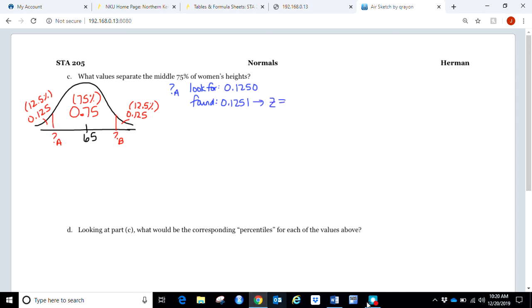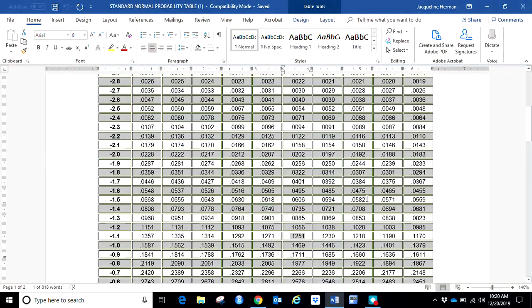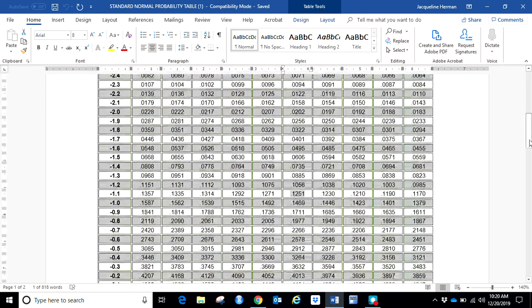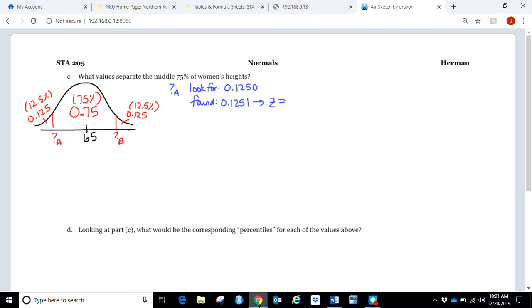Now, what does that actually give me for my z-score? Well, the row I'm in is negative 1.1, and my column I'm in is the 5. So putting those together, we're going to get a negative 1.15 for my z-score.